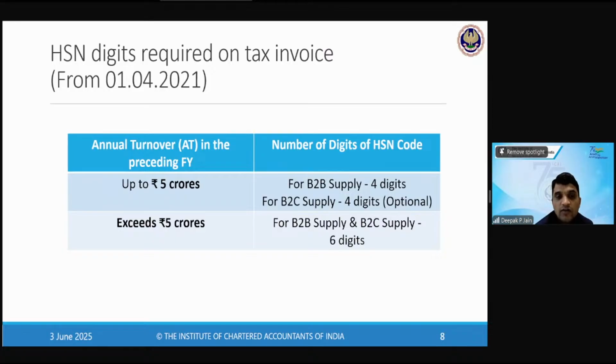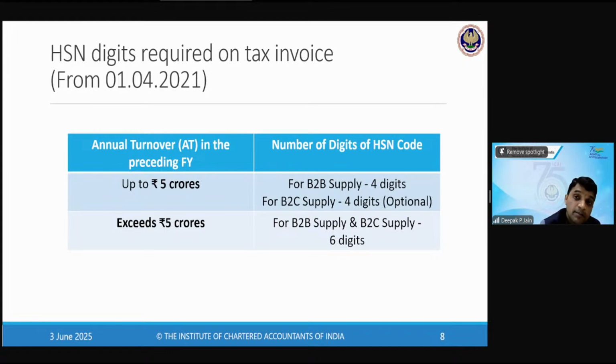So if your turnover is just up to 5 crores, then you're a small taxpayer. If your annual turnover in the preceding financial year is up to 5 crores, then you mention 4 digits of the HSN code. For only B2B supplies, B2C not required, it is optional.